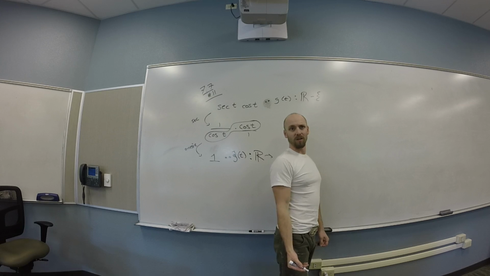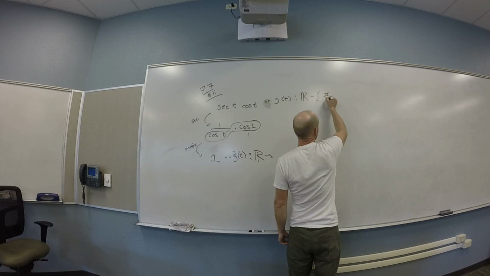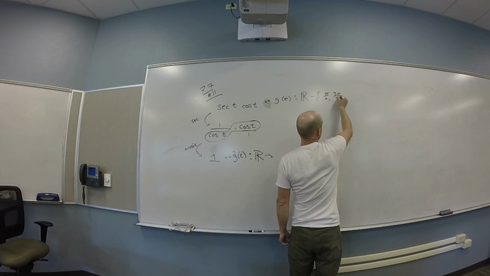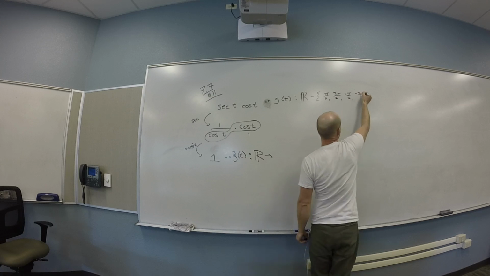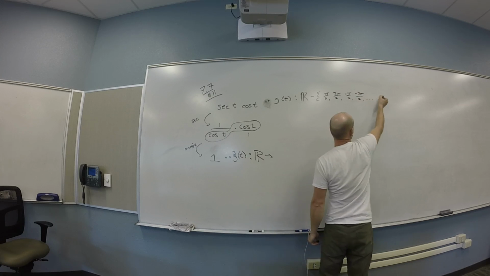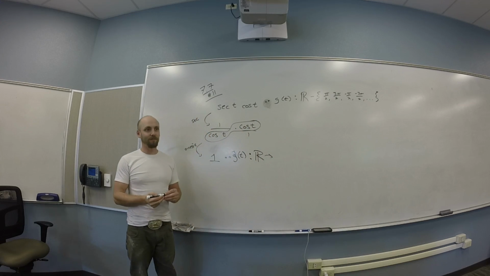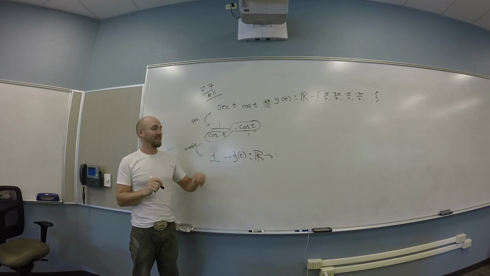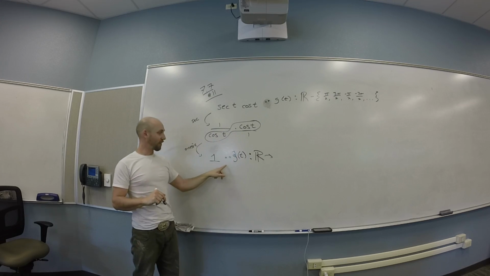At pi over 2, and 3 pi over 2, and so forth, minus pi over 2, and minus 3 pi over 2, and et cetera, right? So like that thing had infinitely many holes in it, and by observing this 1, I'm plugging all those holes.